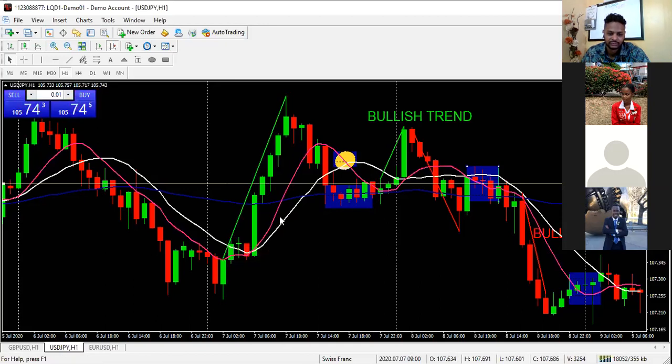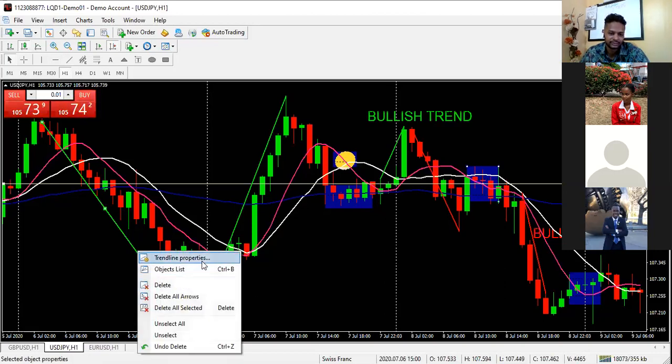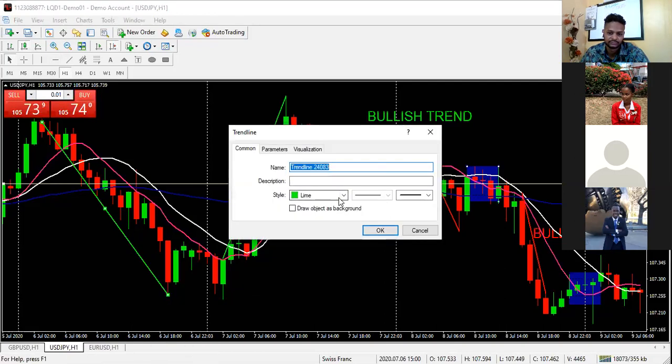So if you look right here, you see this U right here? If you notice all of this, from here to here, all of that is a downtrend in the market.